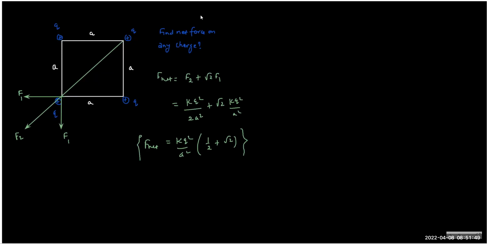So now you can do it for the other shape. Let's say I give you a hexagon, and this is a really interesting question. Assuming it's a regular hexagon, and if all charges are positive, we may flip the charges.